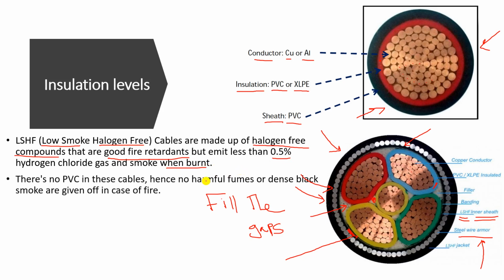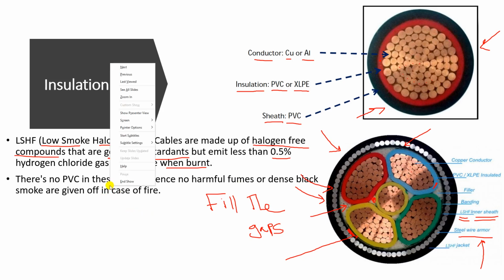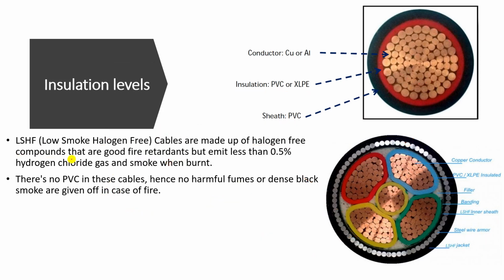As you can see, there is no PVC in these cables, hence no harmful fumes or dense black smoke are given out in case of fire. So that is the function of this material, the low smoke halogen free. It is good protection against fire, and produces a very small amount of hydrogen chloride and smoke when burned.